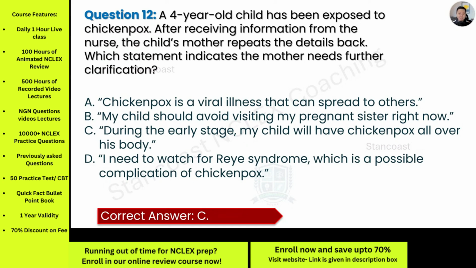Same thing with letter B. Pregnant individuals should avoid exposure to chickenpox due to risks to the fetus. And letter D, another incorrect option, because monitoring for Reye's syndrome is appropriate, especially if aspirin is used concurrently. So you have to recall the stages of chickenpox in order to correctly answer this question.